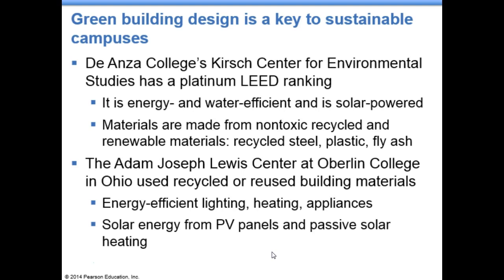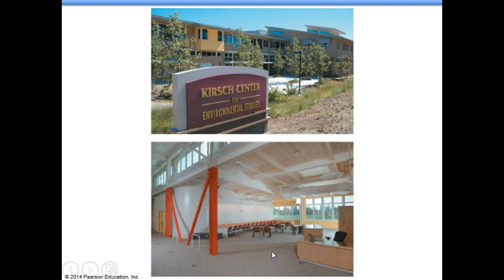Some buildings using these PV panels can even sell the extra energy that they have, which earns an income for the colleges. So here's the Kirsch Center so that you can see what it looks like inside and out.